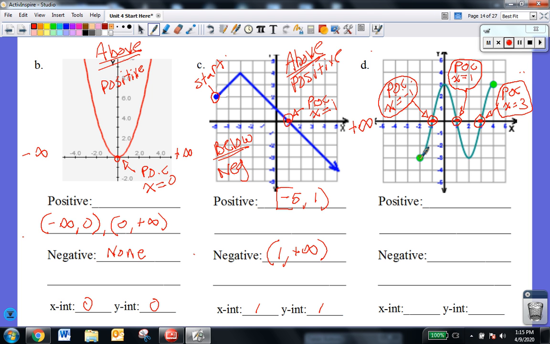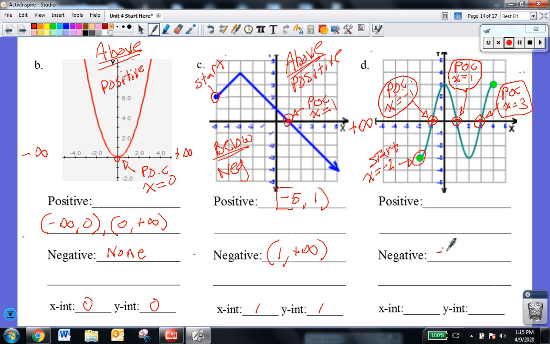Okay? And now all we need to do is know where the graph is above and below the x-axis. Well, it starts out negative here. This is our start, reading it from left to right, just like we're supposed to. X is equal to negative 2, and we are in the negative.